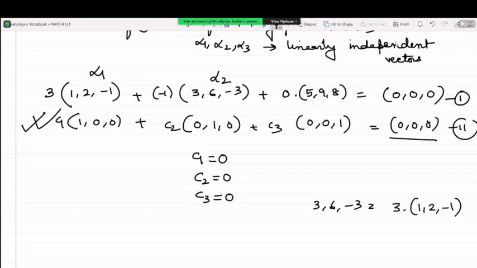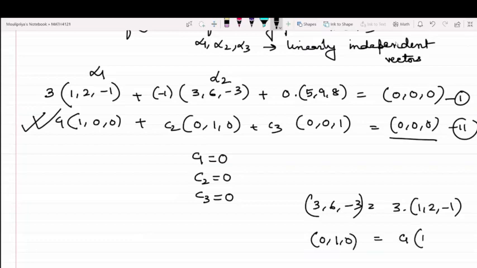So we are expressing one vector in terms of the other. But in the second case, it's not possible to express the unit vector along the y-axis as a constant multiple of the unit vector along the x-axis. Right? Are we okay with this? Yes, ma'am.